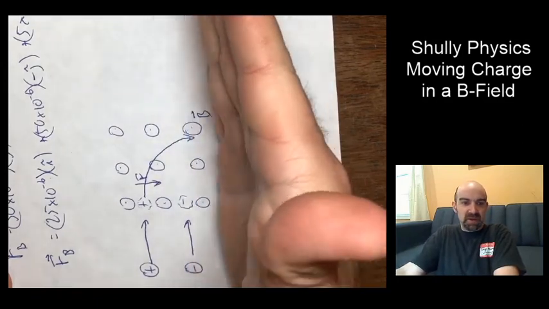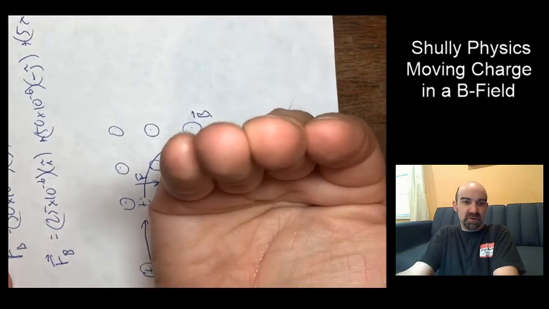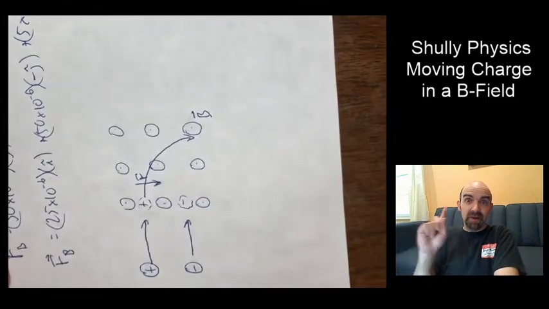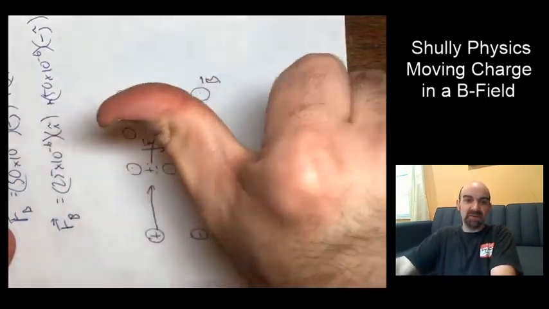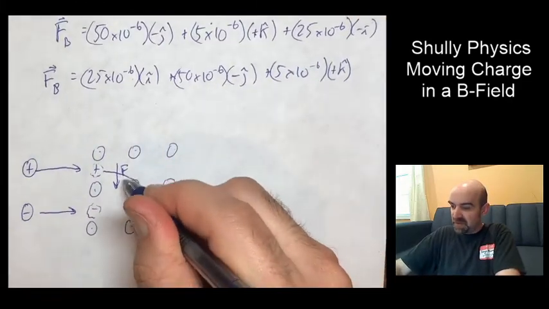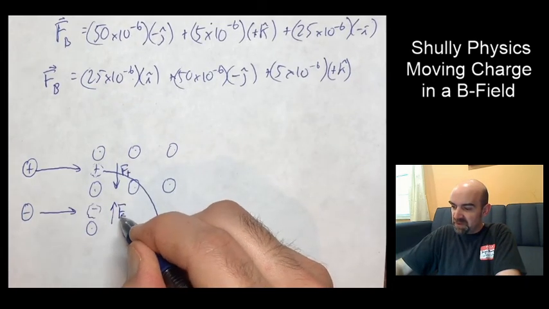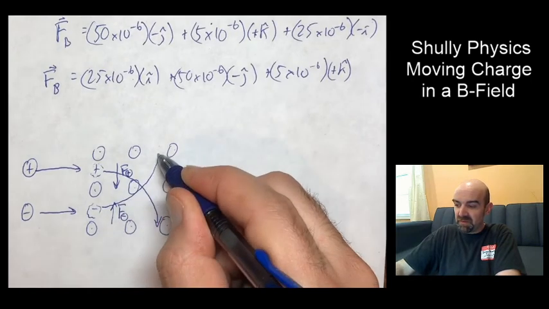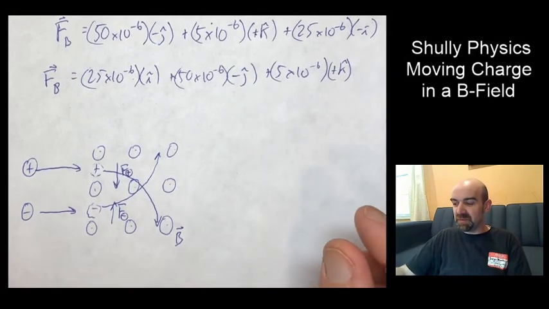I'd have to rotate my hand towards the direction of the magnetic field. I can point my fingers that way appropriately. And look, my thumb is also pointing downward to the bottom of the page. But this is a negative charge. So instead of going towards the bottom of the page, it's going to go towards the top of the page. This is a force on the positive. The force on the negative charge would go up. So its path might be more like that. So that's just a few more examples.